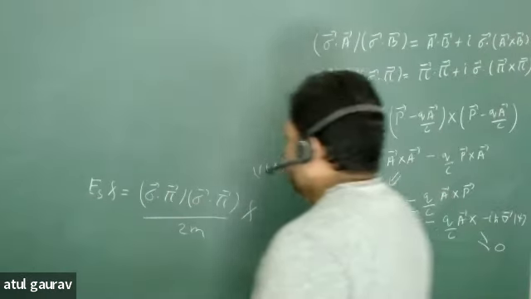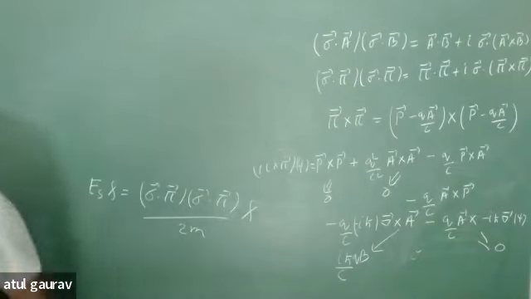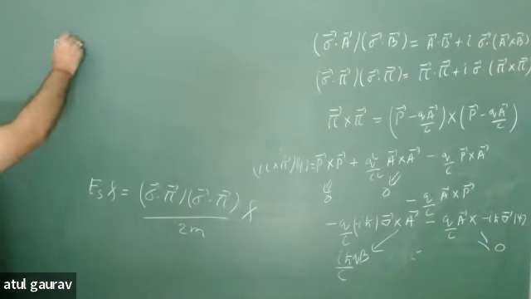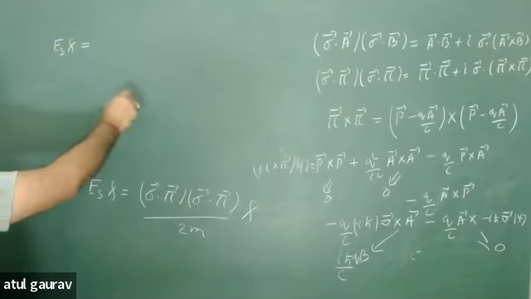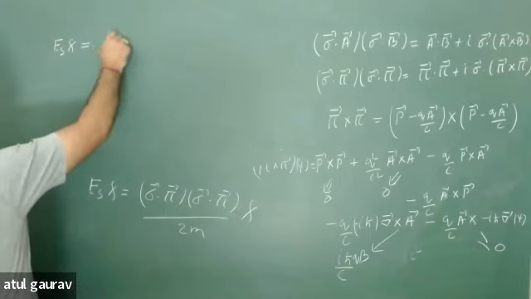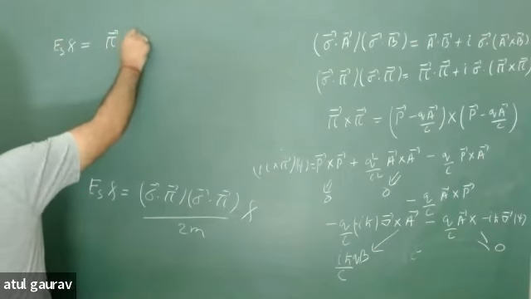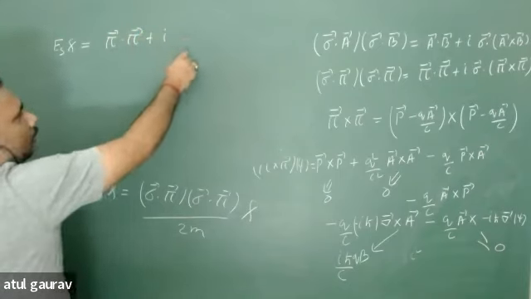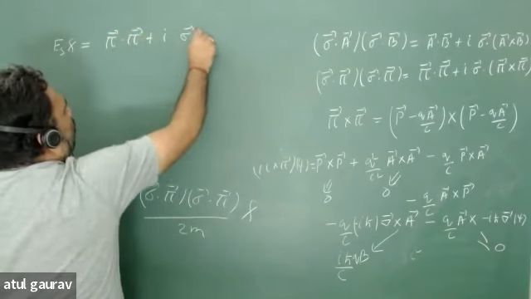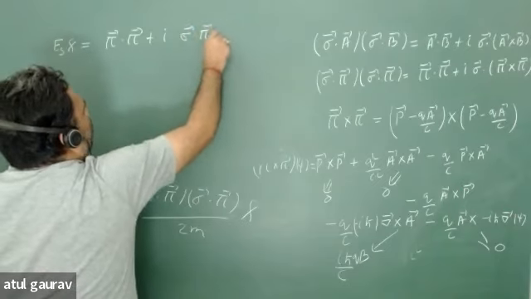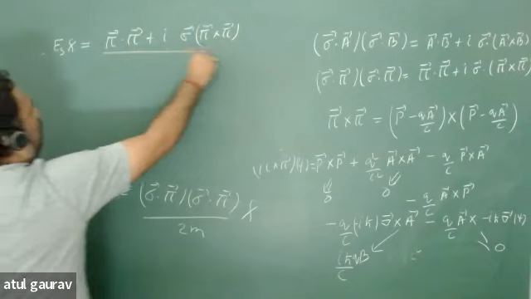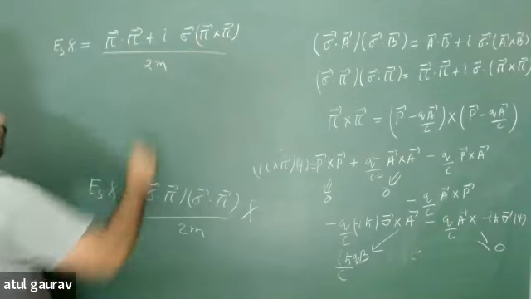Okay, so what we have here is sigma dot pi into chi, which is equal to what we have? Pi dot pi plus i sigma dot pi cross pi, by 2m.